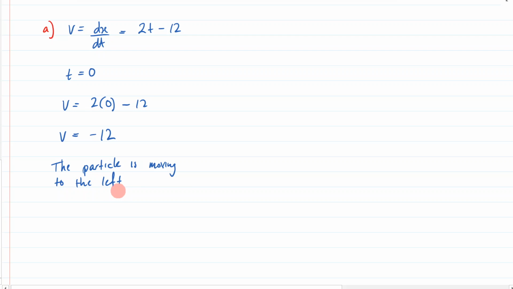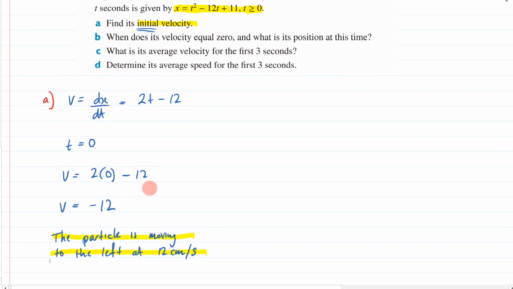The reason I know it's moving to the left is because it's negative, and then we can say at 12 centimeters a second. The velocity is also telling me the direction in which it's moving. So the particle is moving to the left at 12 centimeters a second. Perfect. Let's now move on to part B and see what it has to say for itself.